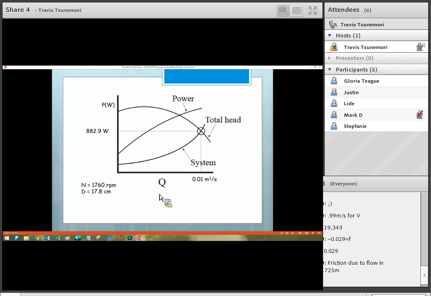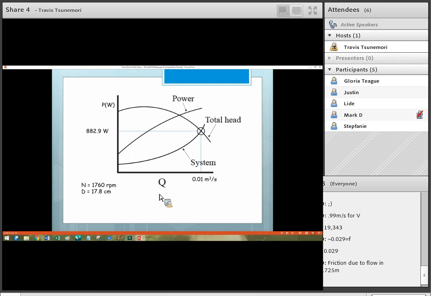Okay, so here's a typical pump performance curve. And along the x-axis, again, we have volumetric flow rate. And on the y-axis, we have a couple different things. We have W, or the head, in meters. And we also have P, or power, in watts. And then we have several different curves on the pump performance curve.